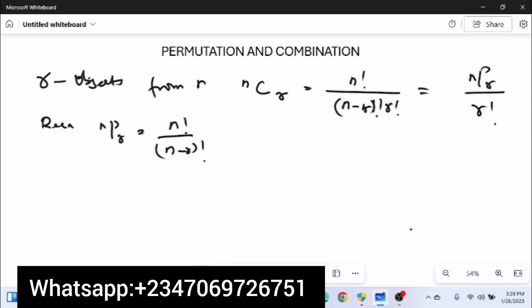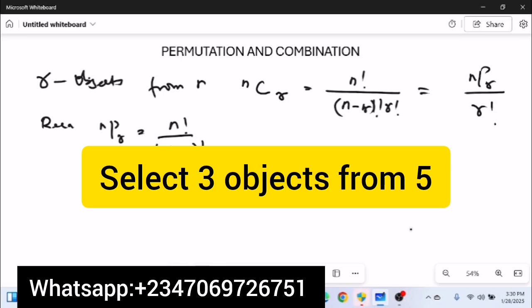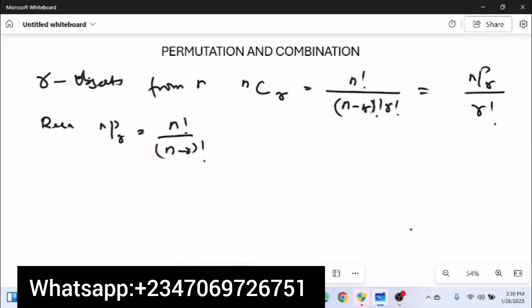All right, so let's solve some examples that involve combination. Let's say we're asked to select 3 objects from 5. Whenever you hear the word select, it simply means combination.